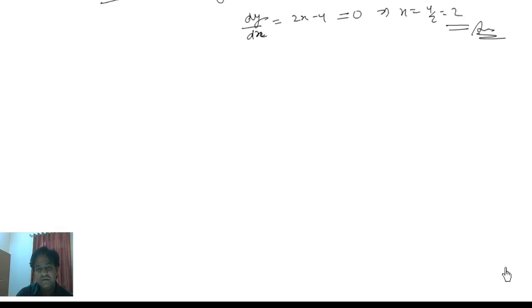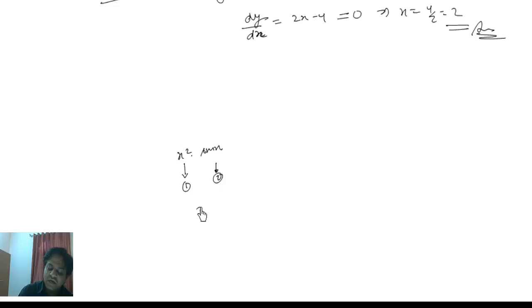In the third rule, we learned how to differentiate a function having two simple parts of x in multiplication, right? Like y is equal to sin x into cos x, or y is equal to x square into sin x. So here in x square into sin x, we have two functions, x square and sin x. This sub function of x is named as 1, this as 2.